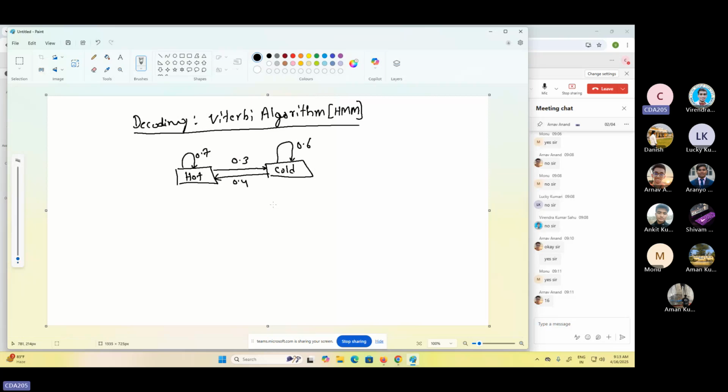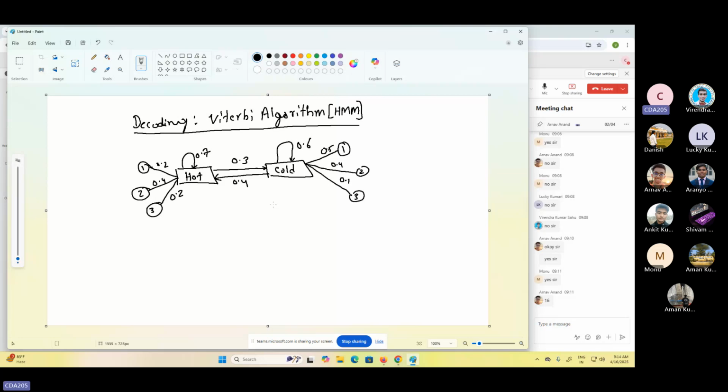On the cold day, the probability of eating one ice cream is 0.5, two ice creams is 0.4, and three ice creams is 0.1. Same on the hot day: one ice cream is 0.2, two ice creams is 0.4, and three ice creams is 0.2.